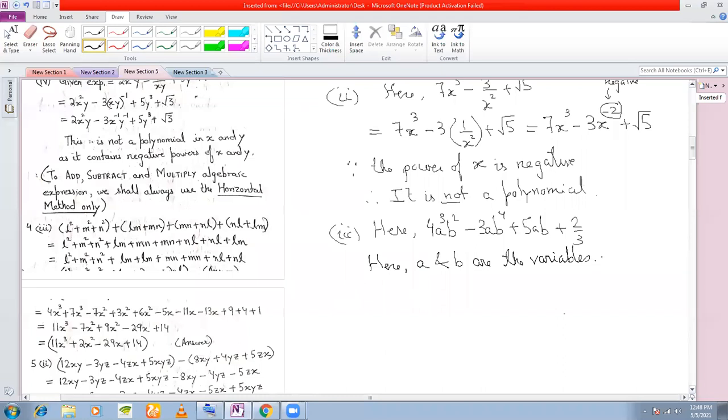All the powers of a and b are non-negative. Therefore, it must be a polynomial, because the power of a here is 3, the power of b here is 2, both positive. Here the power of a is 1, here the power is 4, both positive. Here 1, 1, both positive. So all the powers are non-negative. Therefore, it is a polynomial.